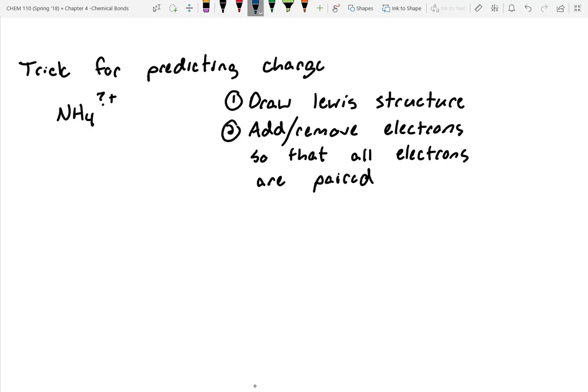So let's take a look at the ammonium ion example. We know it's nitrogen with 4 hydrogens. So I'm going to go ahead and say nitrogen, stagger my hydrogens around like this. We know hydrogen always has a valence of 1, so I'm going to put that around it like that.